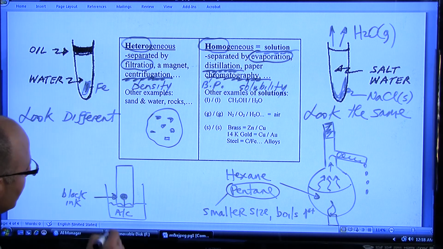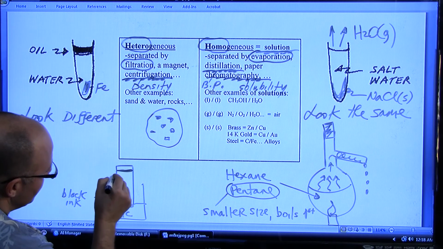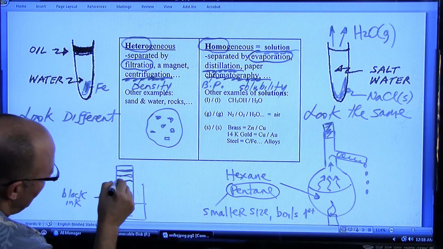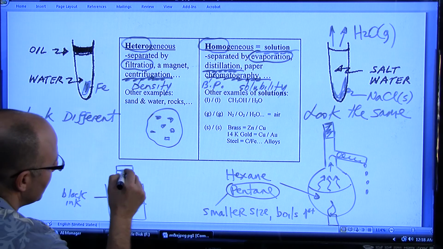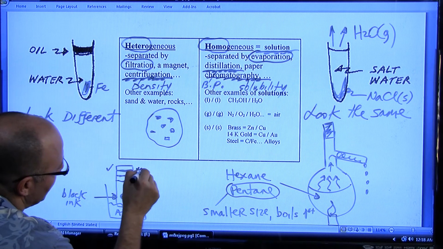And what you'll end up with is colored bands at the top of the paper, and the dye, which was most soluble in the alcohol, will go the furthest up the paper. So this one here would be the most soluble.